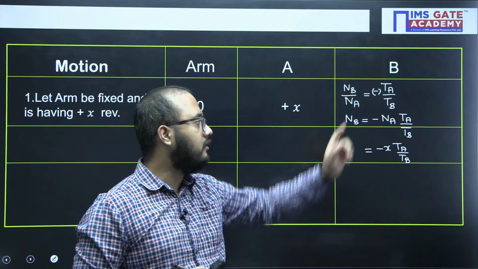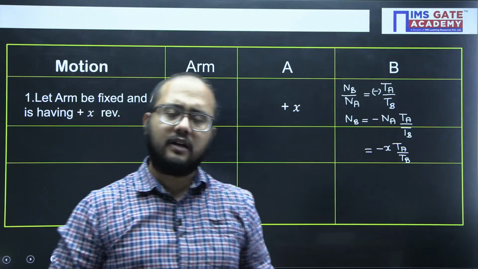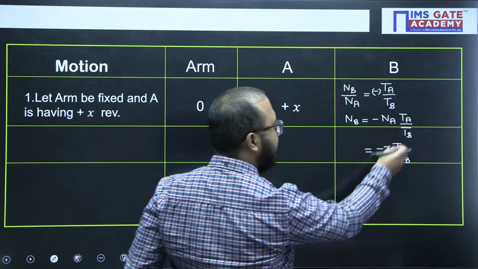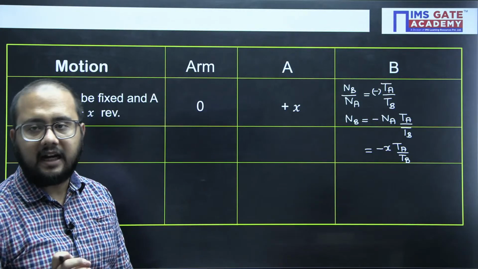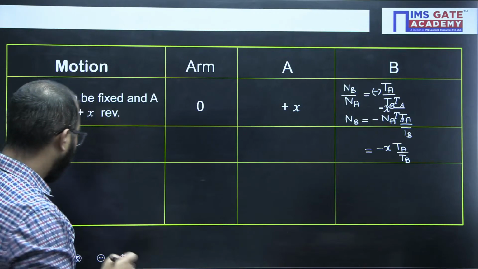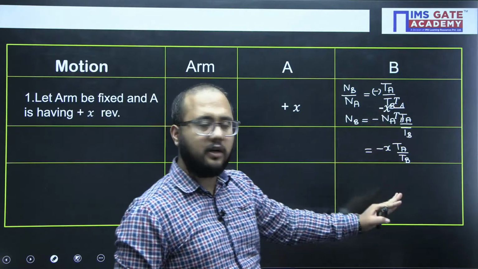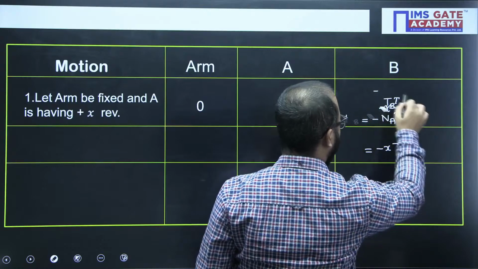Because A and B are in direct meshing, I can write down this velocity ratio relation. So this minus X TA by TB is the speed of rotation of gear B that we have figured out, right? So let me just erase this part. I hope now you have understood how we have solved minus X TA by TB.